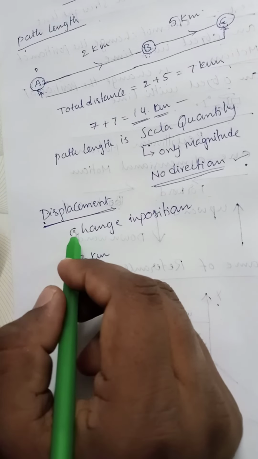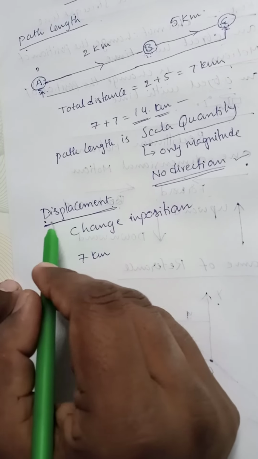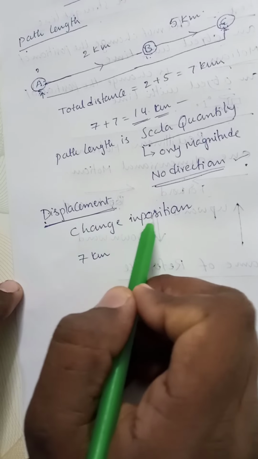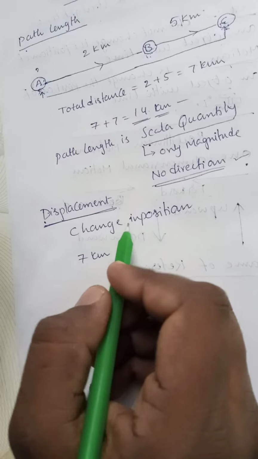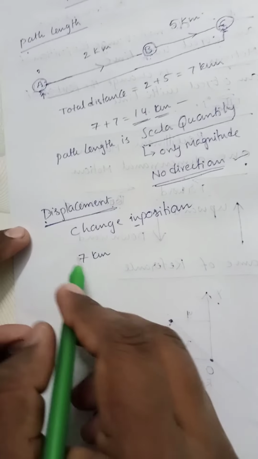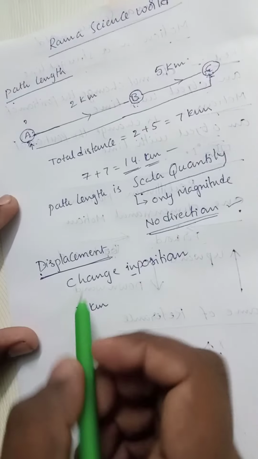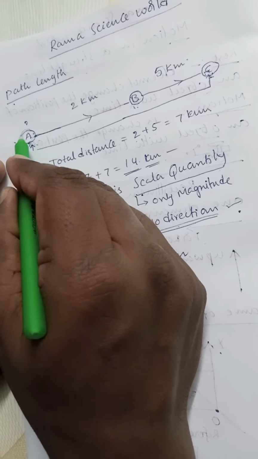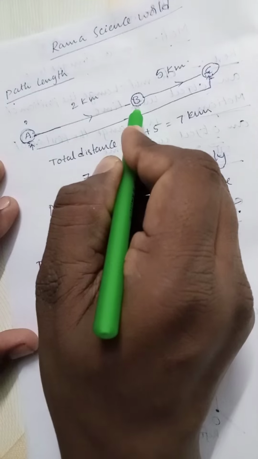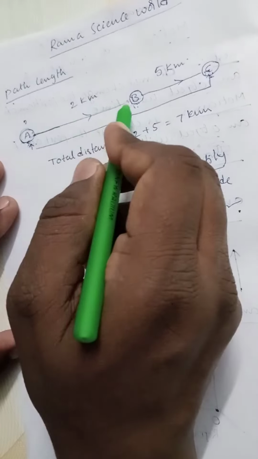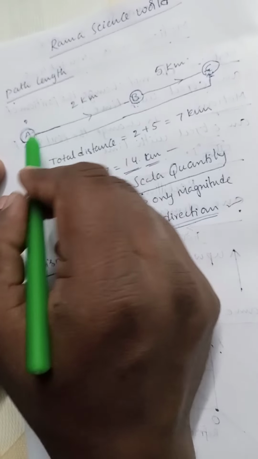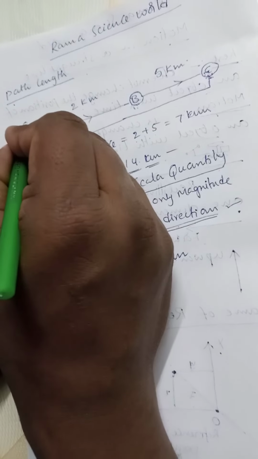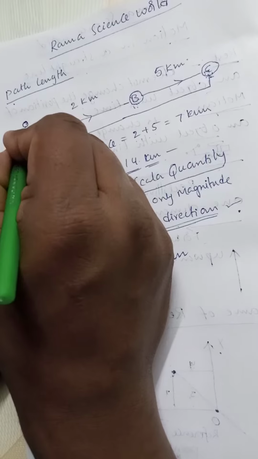Displacement, you must observe the term: the change in the position. Simply we say the change in the position. This person starts his journey from A and moves towards B. Here the displacement is 2 kilometers, because initially the person is at position 0.